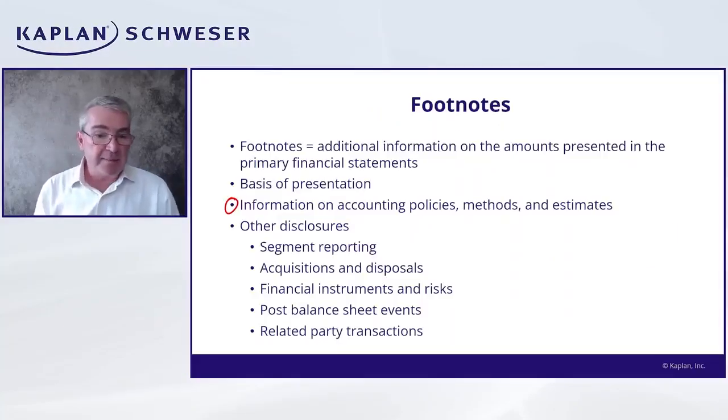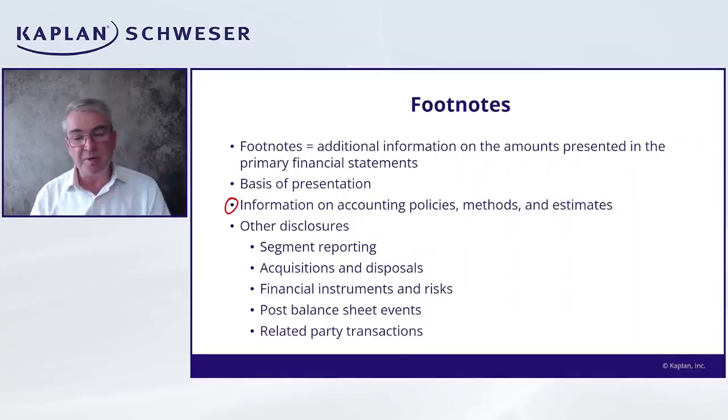Okay, so I've talked about segmental reporting. Significant acquisitions and disposals, those are going to be reported in the footnotes. Important to be aware that certainly in a set of group accounts, if you've got major acquisitions and disposals of subsidiaries, it dramatically reduces comparability with prior years, because essentially what goes forward is not what has happened in the past, because you've either acquired a new subsidiary or disposed of a subsidiary.